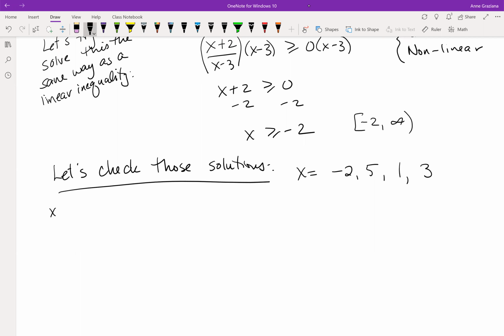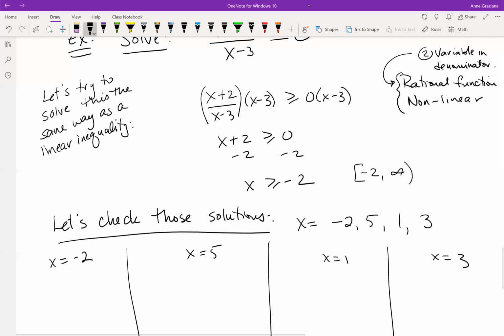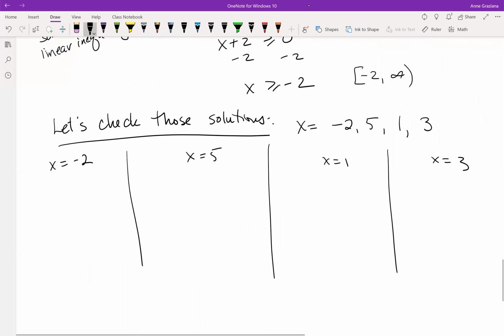So let me just make a little chart here because this will give us plenty of options. All right, so my function is x plus 2 over x minus 3 greater than or equal to 0. So I'm checking to see, since this is in the realm of solutions, the numbers between -2 and infinity, are these really going to work?